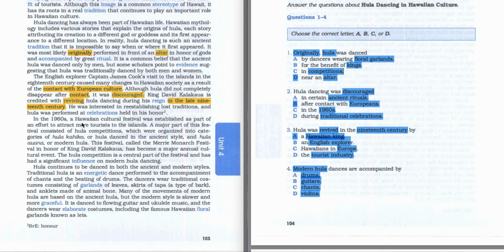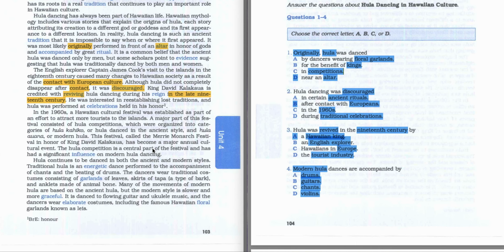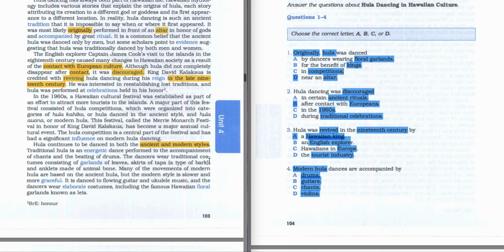Let's scan further, and in the following paragraph we don't have that much information about modern hula dancing. Here they were talking about the ancient and the modern style in the following paragraph. So let's pay attention to it, because that can be our answer.